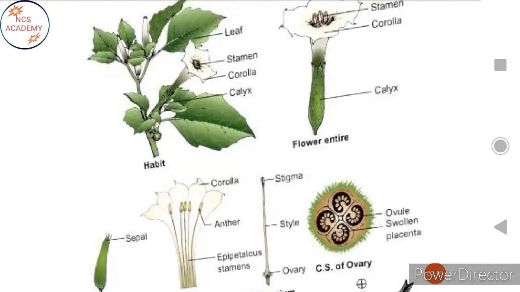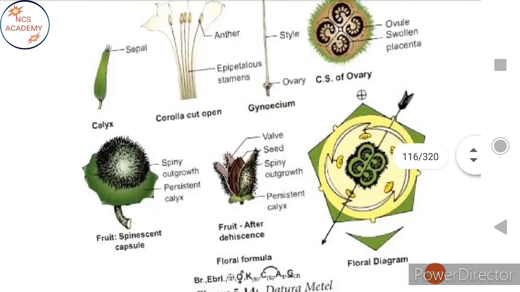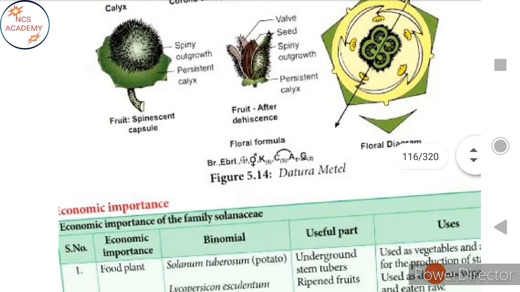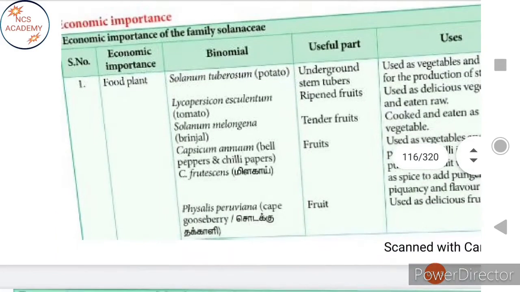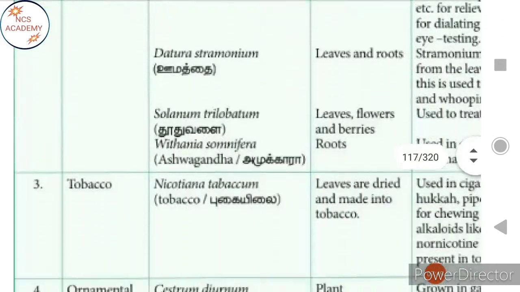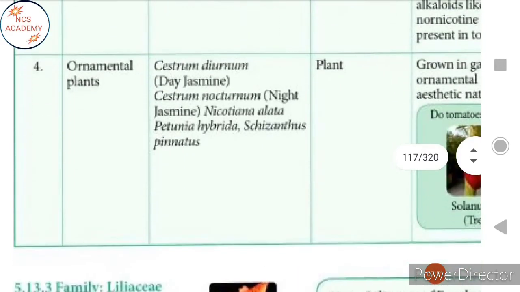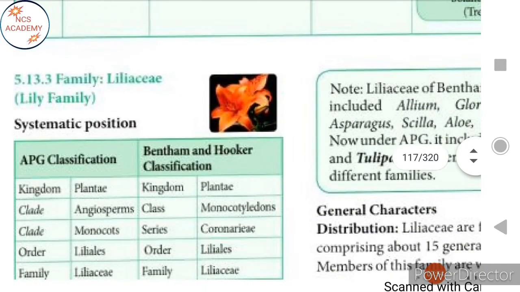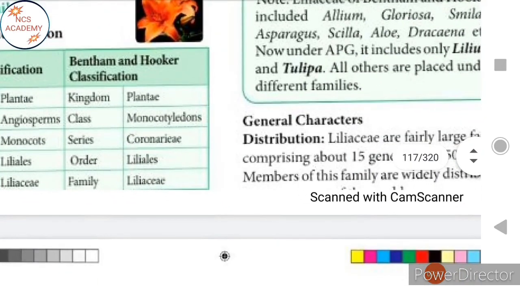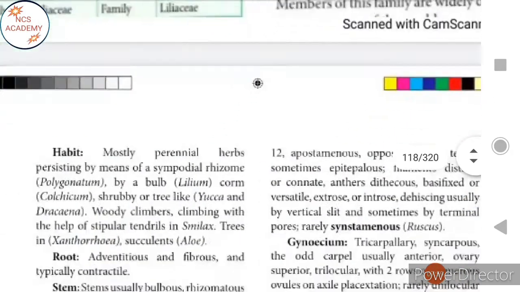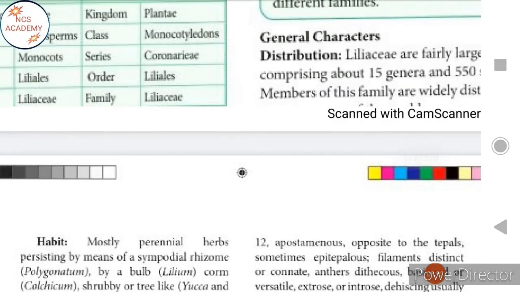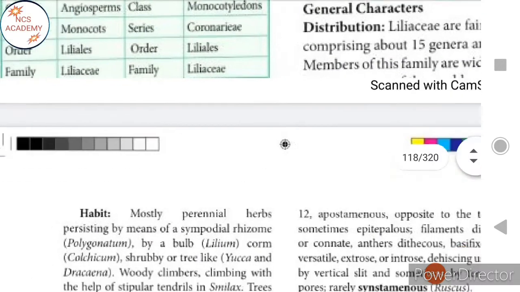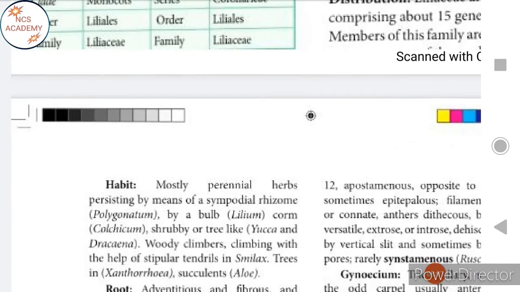How will you distinguish Solanaceae members from Liliaceae members? For that you have to write the differences between these two families right from the habit to the seed. All the family characters are described under several headings, each and every character.